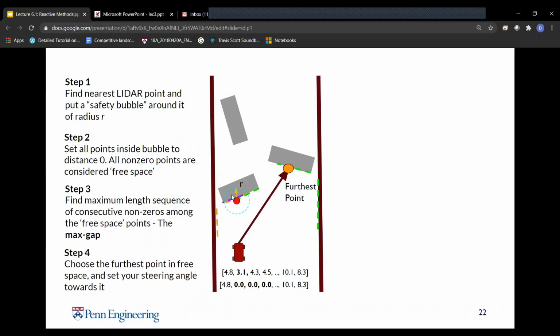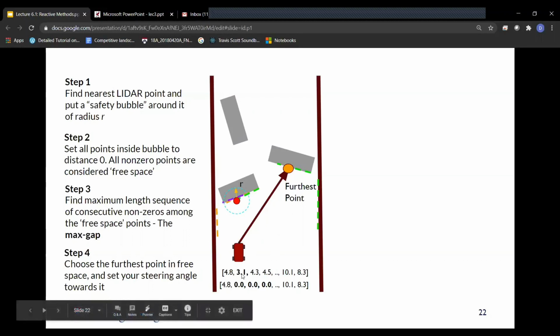Although the radius stays constant in world coordinates, as the car gets closer, that world coordinate representation will take up way more LiDAR points in general. So this bubble keeps changing in terms of the car's perspective and size. So we don't have to have a fixed safety threshold T. And finally, it turns out to be a much faster algorithm.